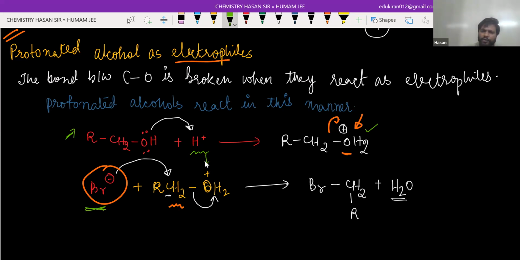As you know, O positive is unstable, so in order to stabilize itself, oxygen will take electrons from carbon and it will become neutral H2O. Since oxygen withdraws electron from carbon, there will be electrophilicity at carbon. So this nucleophile will be attacking from the backside. So you can see this is how it will be acting as an electrophile. I think it's clear to both of you, right? Is that clear?